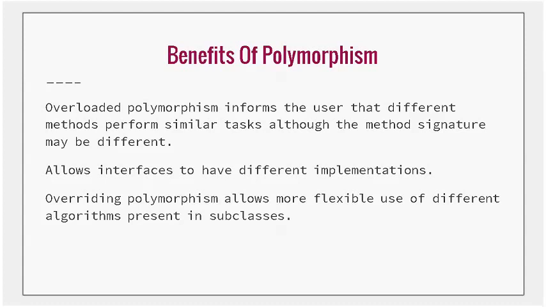Each of them can have a different implementation of drive, and each can be drastically different, so there are different ways of doing it, but the interfacing can still remain the same. So if the vehicle is pointing to car, the way it will drive is different. If it is pointing to boat, it will be a totally different implementation. So it provides more flexibility to subclasses on how to implement the logic.